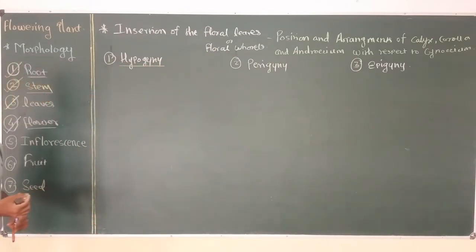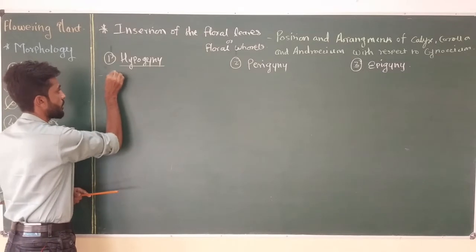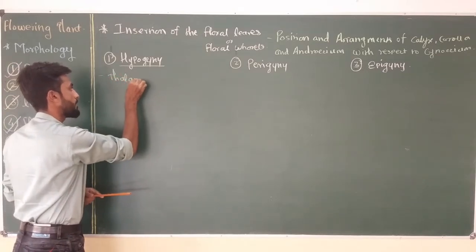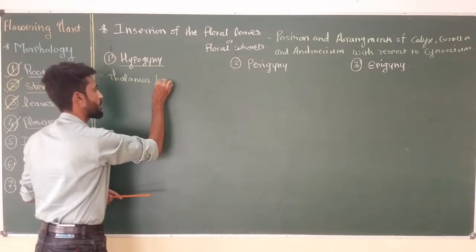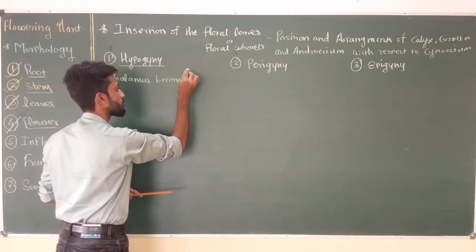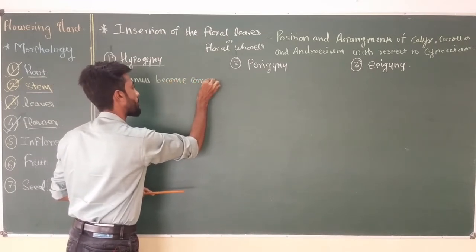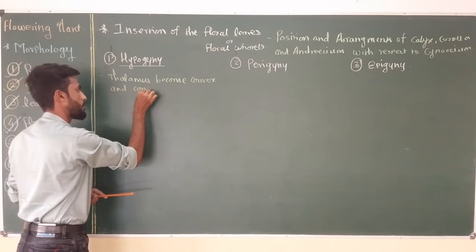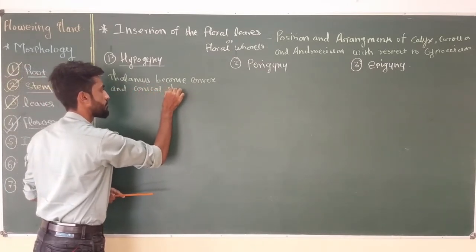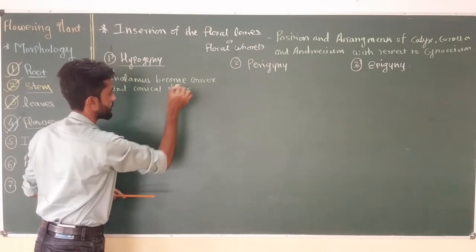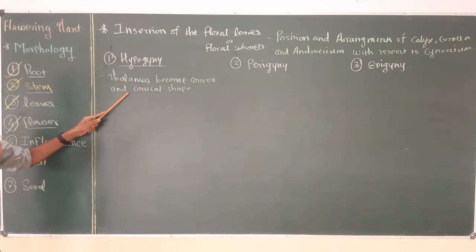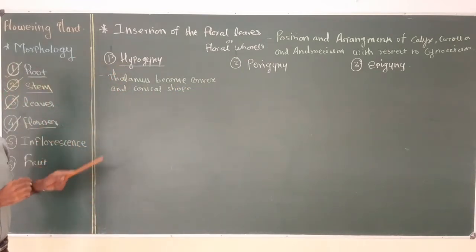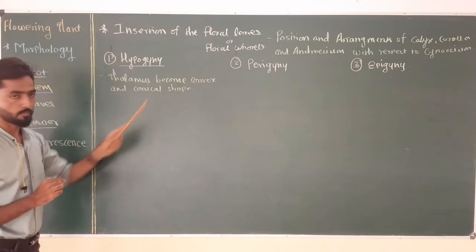In this case, the thalamus of the flower becomes convex and conical in shape. Okay, so this is the first characteristic feature of hypogyne, in which thalamus becomes convex.